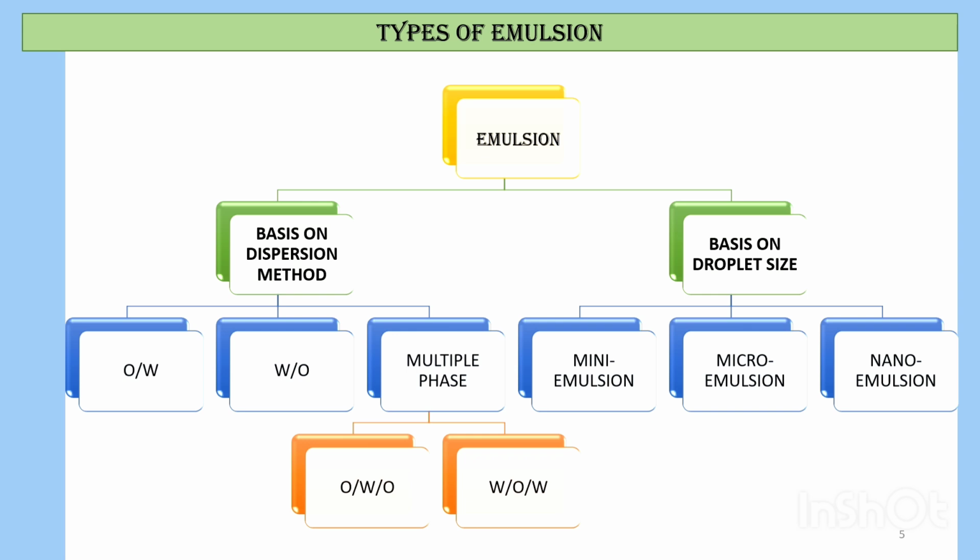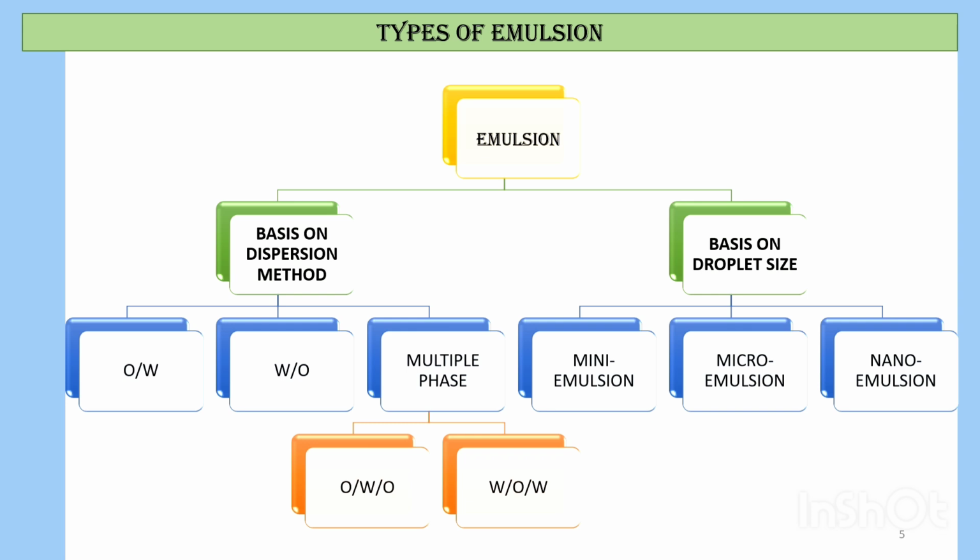The oil in water emulsion and water in oil emulsion are also called primary emulsion, as they contain one single internal phase, while multiple emulsions are also called secondary emulsion, as they contain two internal phases, such as oil in water or water in oil.